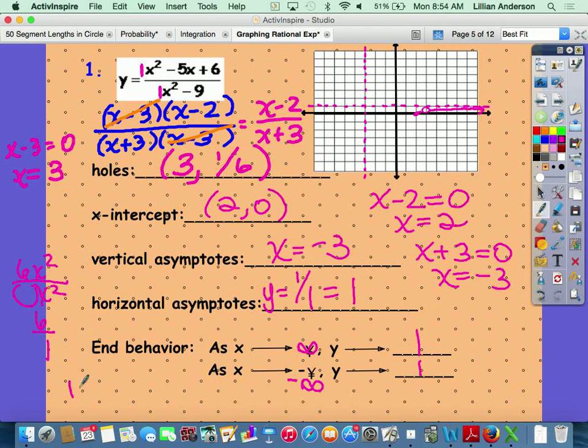Your y-intercept. Very simple. All you do is you plug in 0 for x. Okay? And you can either plug it into the original or the simplified form to get the same answer. So if I plug it in, 0 minus 2 equals negative 2. 0 plus 3 is 3.